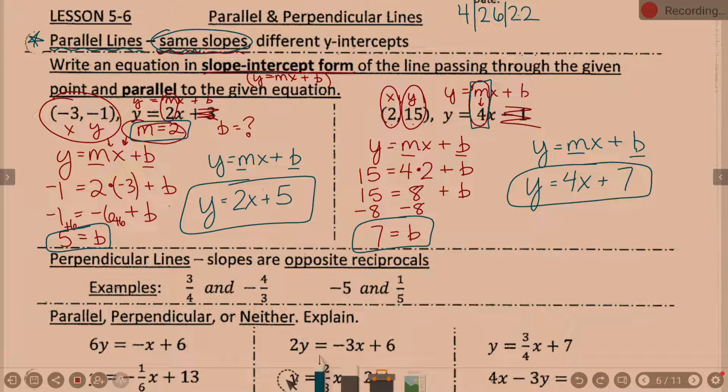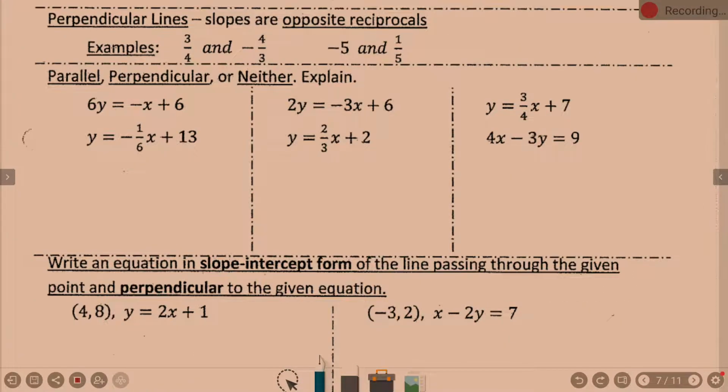Now, we need to talk about perpendicular. So parallel lines, those were the train tracks, right? Perpendicular lines are the lines that meet at a right angle. That's your plus sign, your T, your cross. Now, this one's a little different.